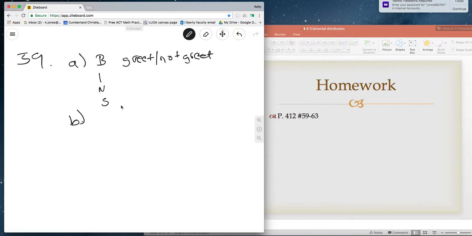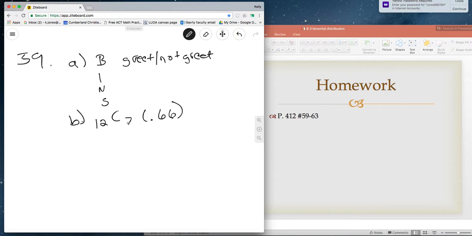But B, it says find the probability that exactly 7 of the 12 dog owners greet their dog first when they arrive home. Okay? So this is going to be binomial. So 12 is the number of people we're testing, and we're trying to see exactly 7. And it told us that 66% is a success.